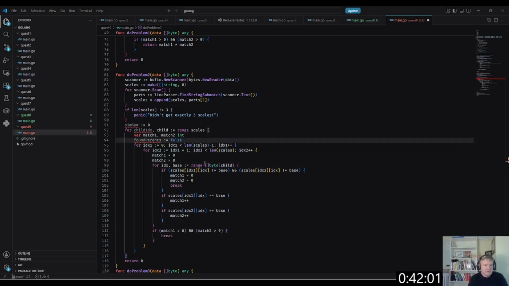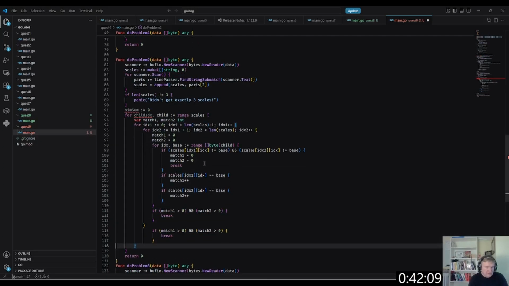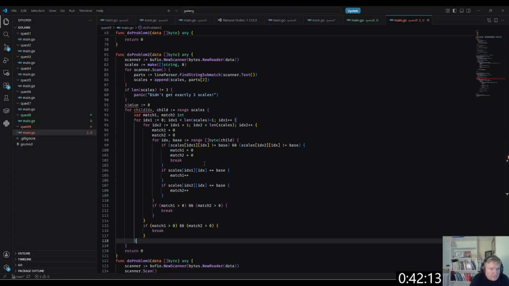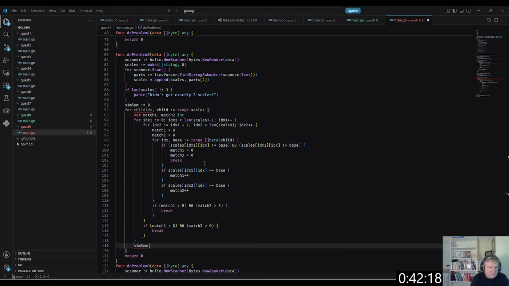Actually we don't ever need this. Simsum plus equals 1, 2.